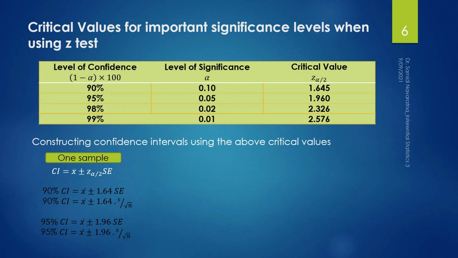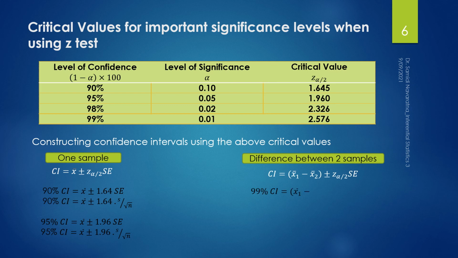Then similarly, if you can figure this out, we can derive confidence intervals for the difference between two samples as well. And this is the common equation that we would be using. If we put down the 99% confidence interval, it would be like this.